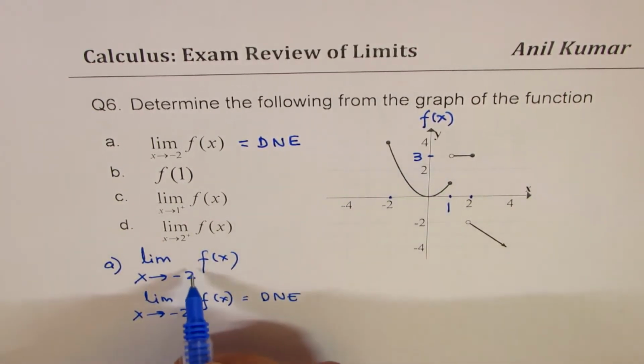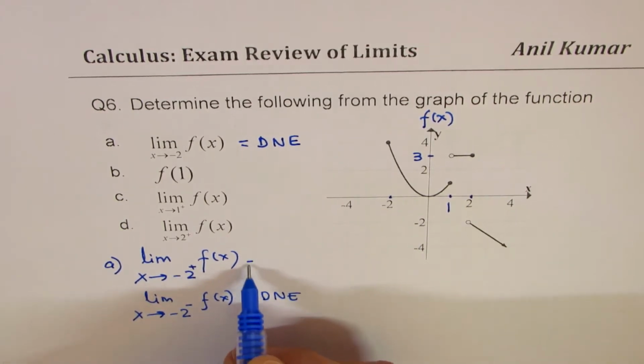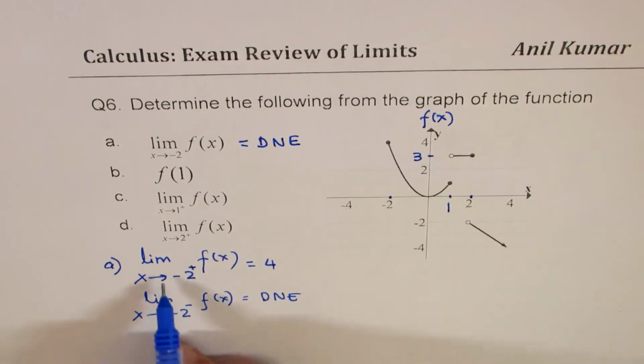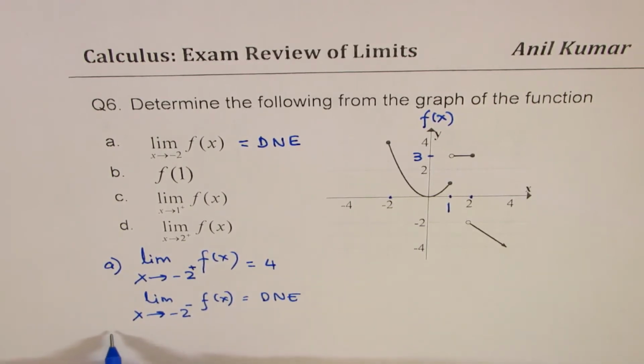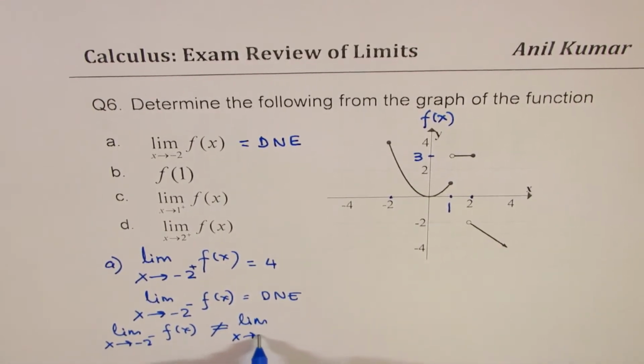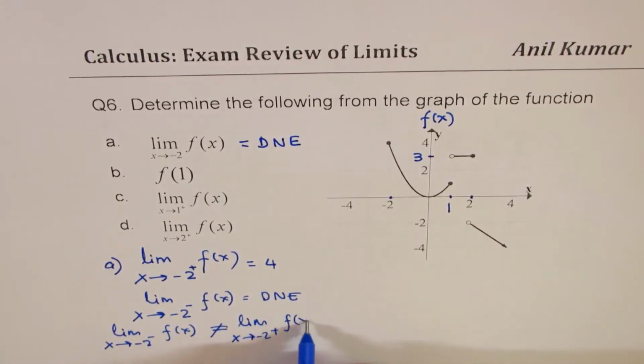From the right side, if I write plus here, the value will be 4. But since both these limits are not the same, we can write that the limit as x approaches -2 from the left side of the function is not equal to the limit when x approaches -2 from the right side. It does not exist. So I hope this concept is absolutely clear.